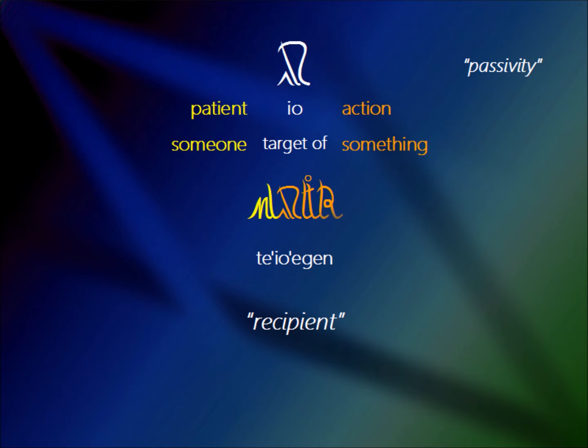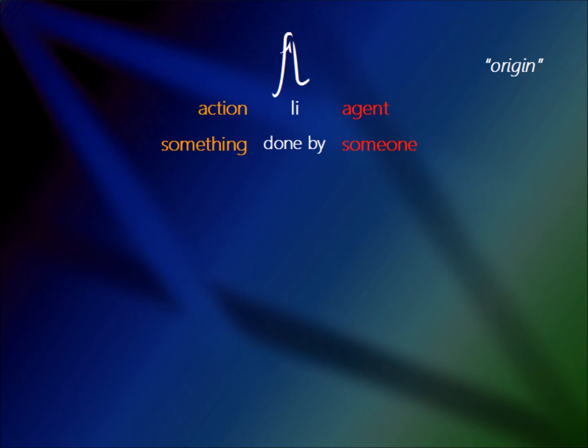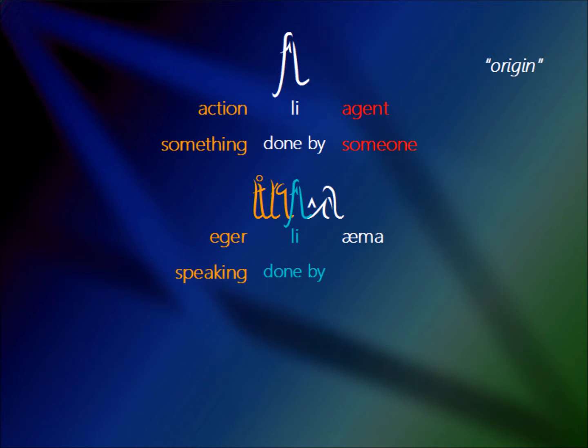The third connector particle is li. We've encountered this particle before and we called it the origin particle. We can use li to combine an action to an agent, to say that something is being done by someone. The example we'll use is eger li aima, consisting of eger, to speak, li, the origin particle, and aima, the pronoun for the male first person singular.